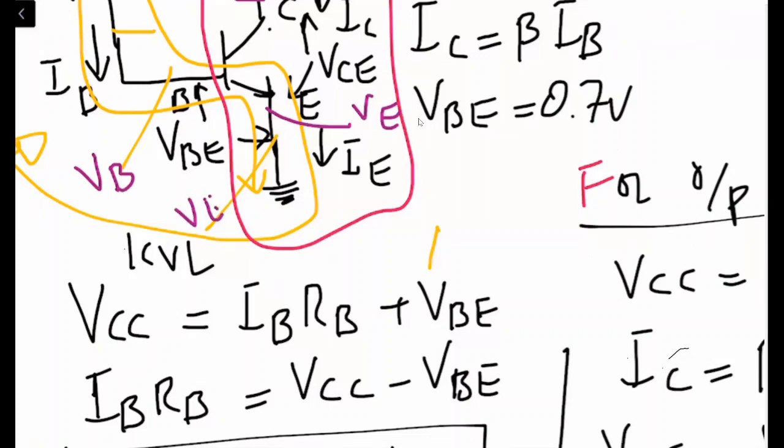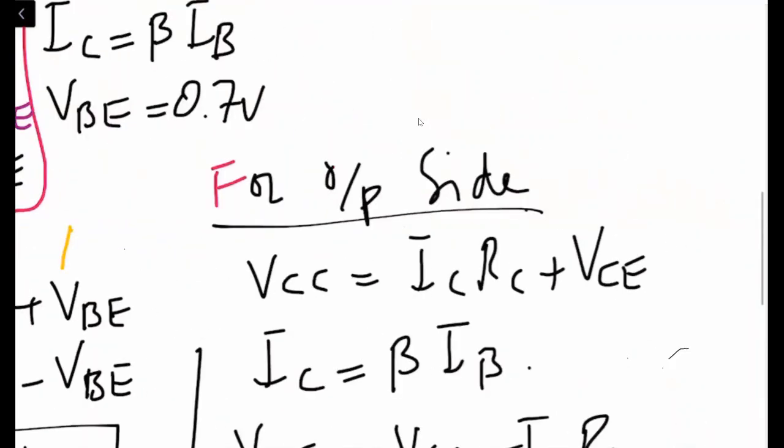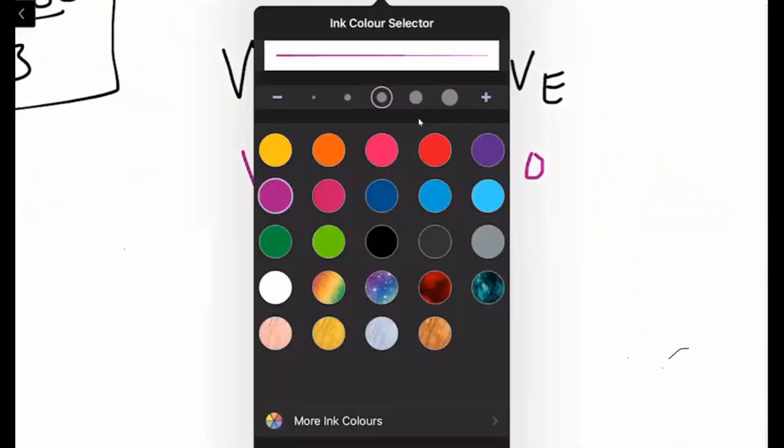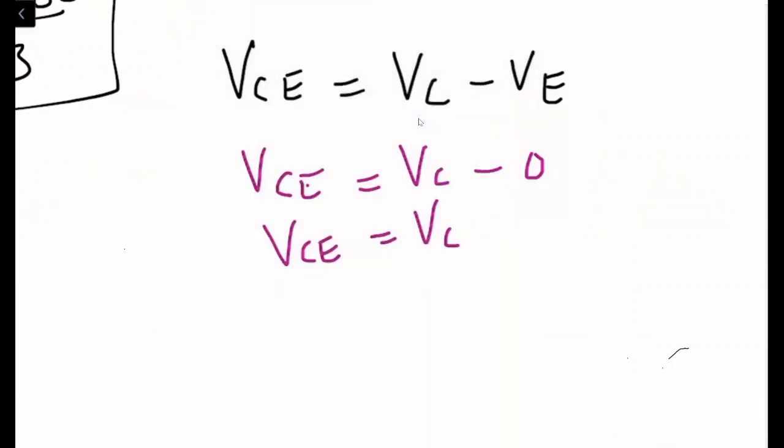So we can write VBE is equal to VB minus VE over here, right?